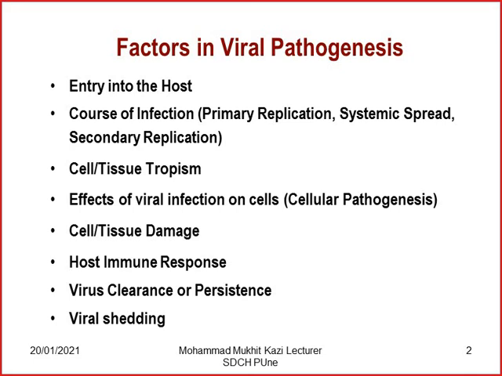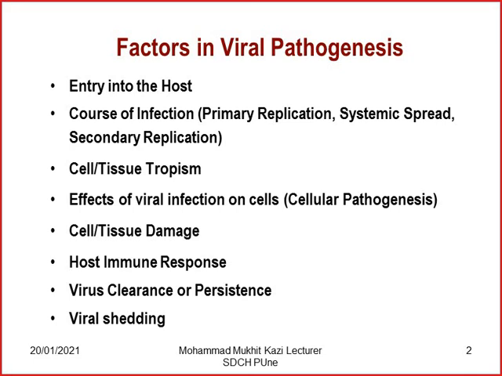Then they try to spread systemically to various other organs of the host, and there either they go into a dormant phase or start multiplying again. That is called secondary replication. During this process of entry, establishing and replication, this is also called cell or tissue tropism.